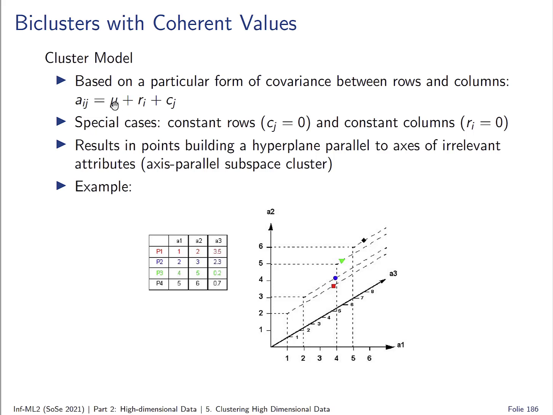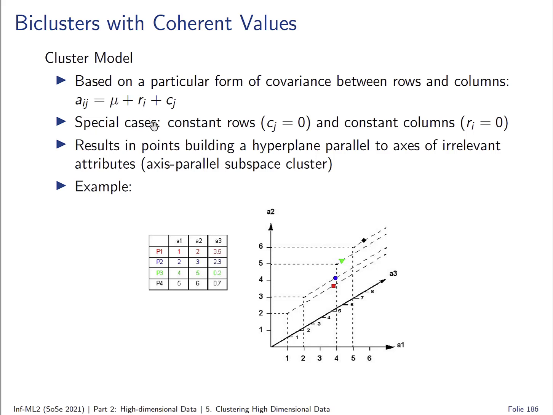We still have this specific constant value mu here, as we had in the very beginning, and then we had these adjustment values for rows or columns, and now we have adjustment values for rows and columns. So that is the cluster model of biclusters with coherent values, coherent over rows and columns, so to say.